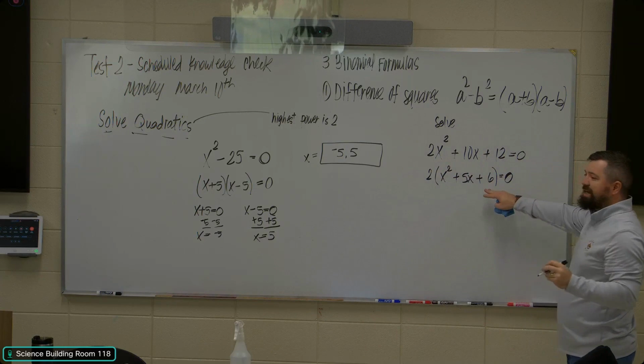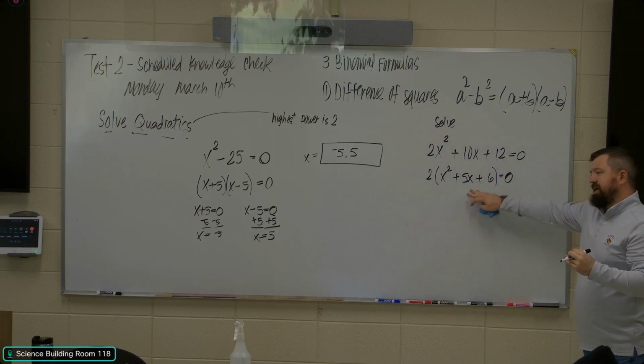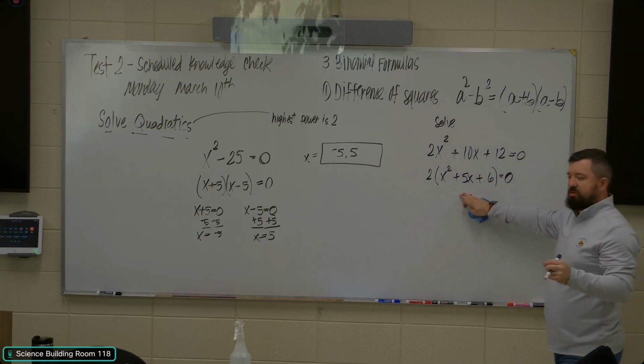Things that multiply to give me 6, but add to give me 5 are the numbers 2 and 3.